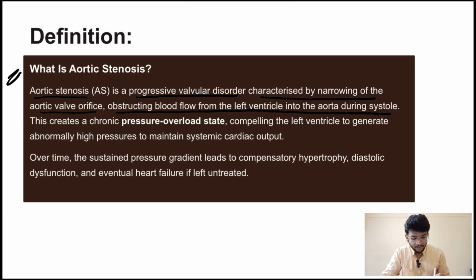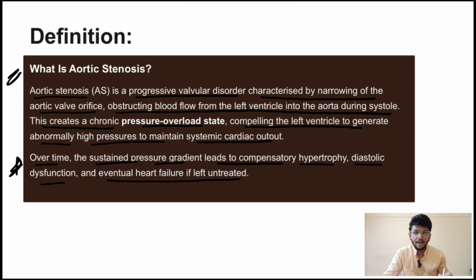This creates a chronic pressure overload state, compelling the left ventricle to generate abnormally high pressure to maintain systemic cardiac output. Over time, the sustained pressure gradient leads to compensatory hypertrophy and diastolic dysfunction, eventually heart failure if it is left untreated.